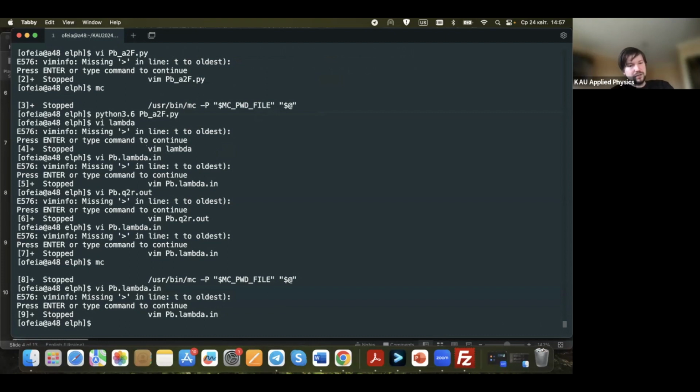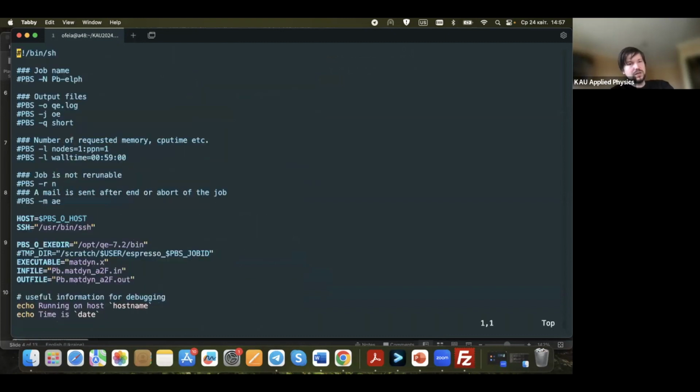So I can change the script. Now we have a new module, lambda. The module lambda stands for calculation of the critical temperature. Here and here.